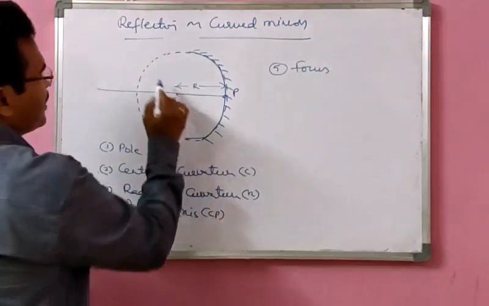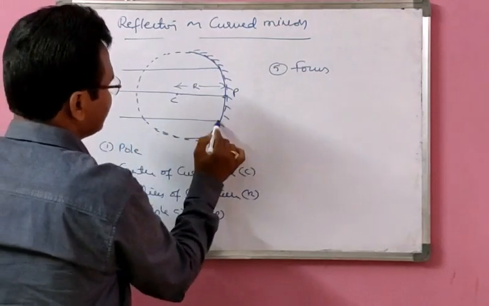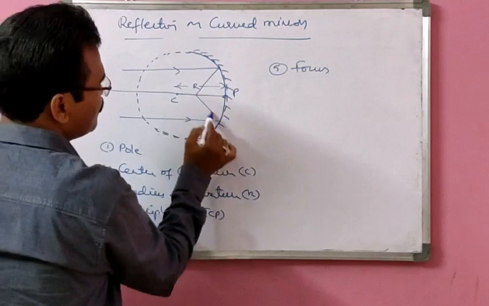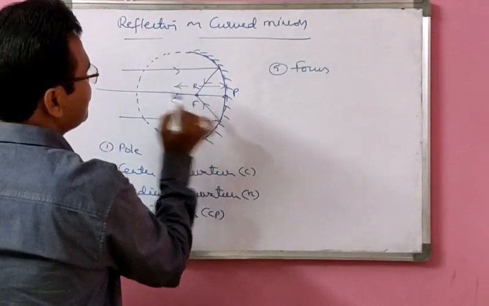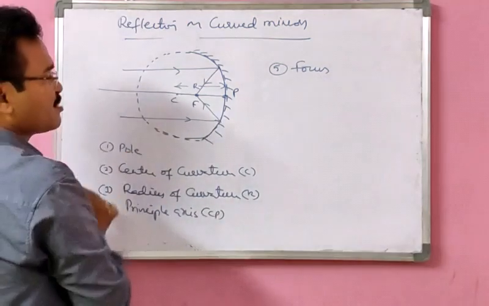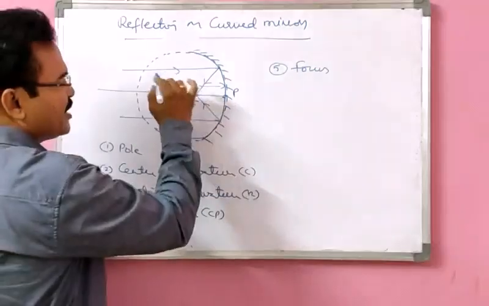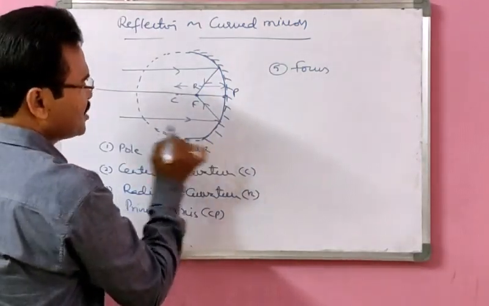For example, if a set of parallel beams is incident on this mirror, after reflection they converge at a point on the principal axis, and that is called the focus or principal focus. This is in the case of a concave mirror, where the rays are converging.